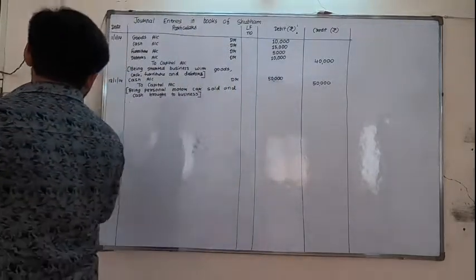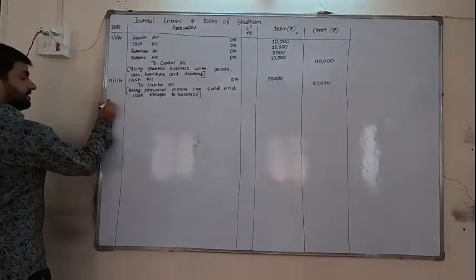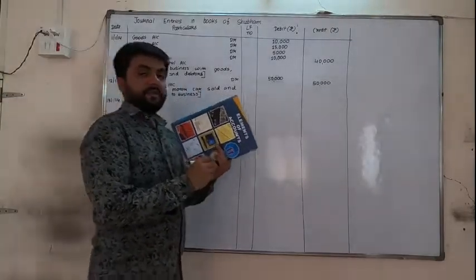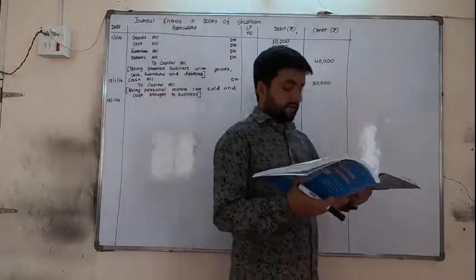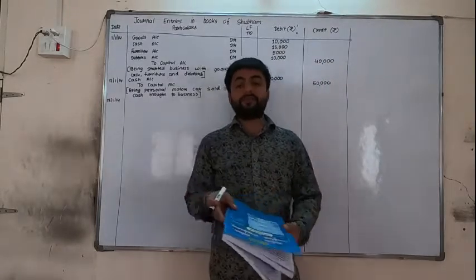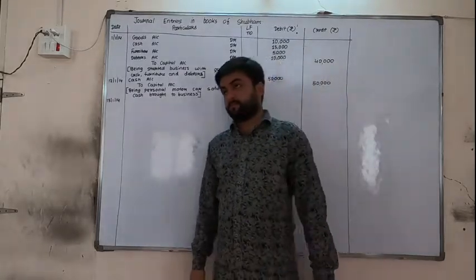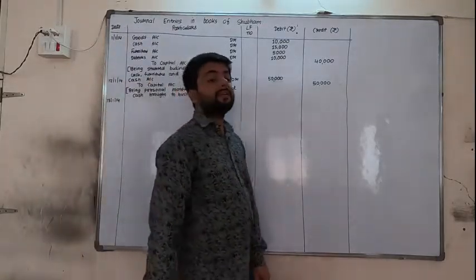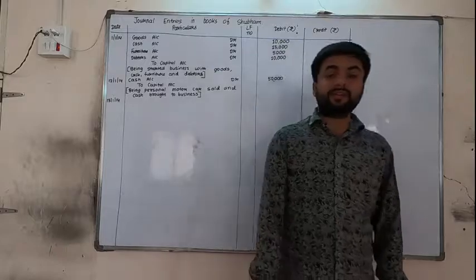Next is 13th January, 13/1/14. We will read: rupees 1,000 withdrawn from bank for personal use. We are withdrawing from the bank, so bank is the giver, bank should be credited.